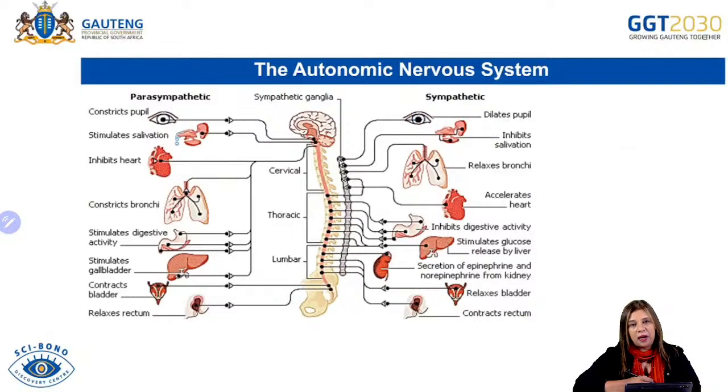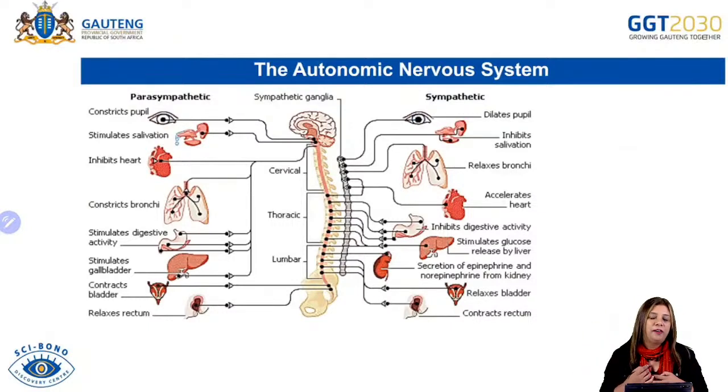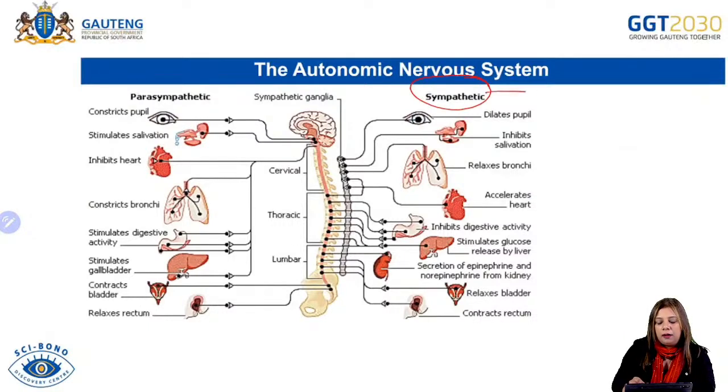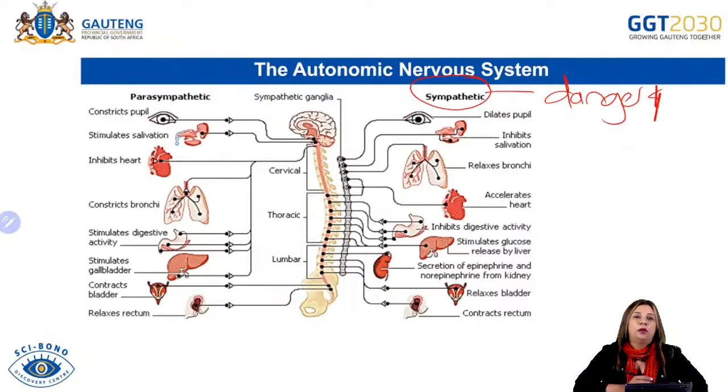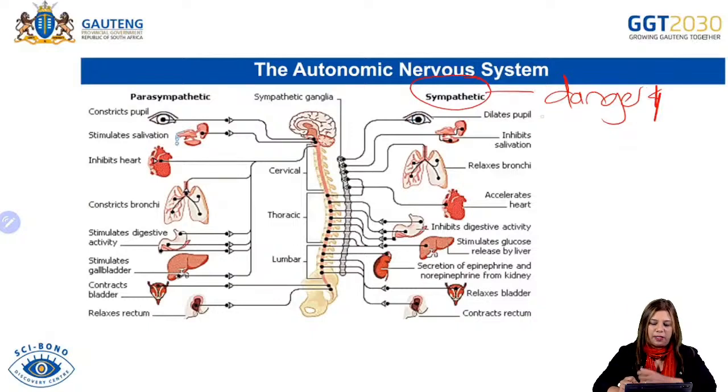Now I want you to take your mind back to the gentleman who was running away from the lion, because this is what's actually happening in his body, or in your body, when you are faced with danger. You have the sympathetic nervous system, and this is programmed for danger and to protect your body. So what happens when you are scared? The sympathetic nervous system kicks in. Your pupils are dilated, that means your pupils get big.